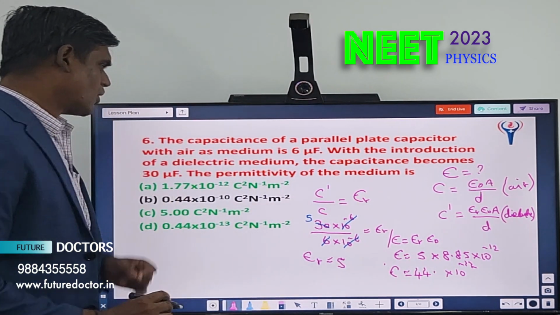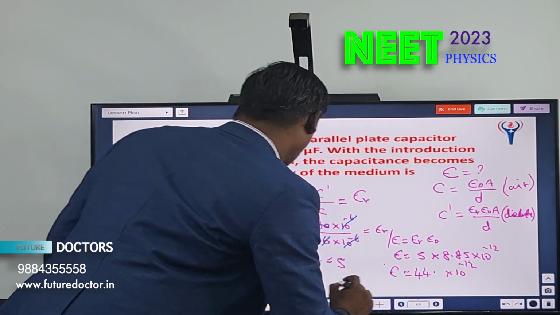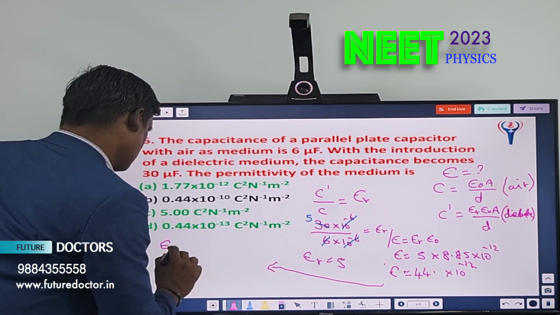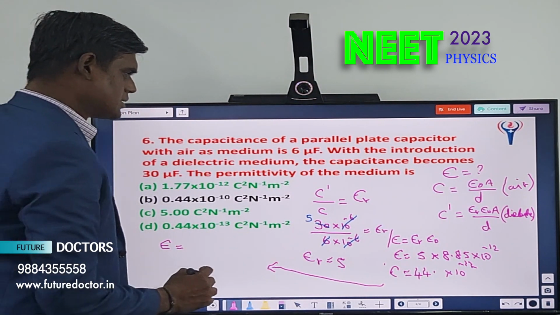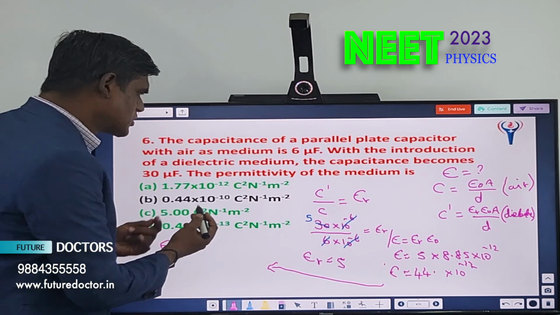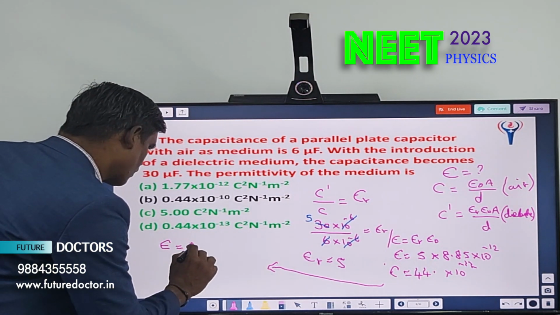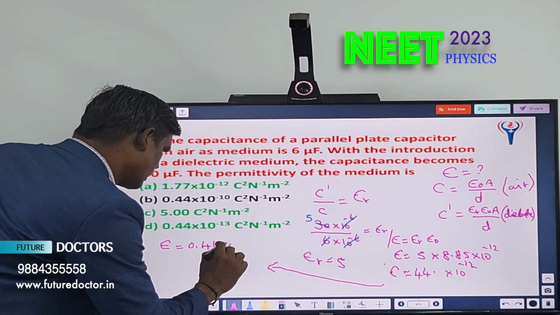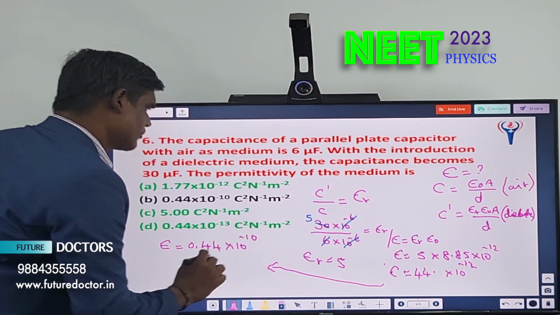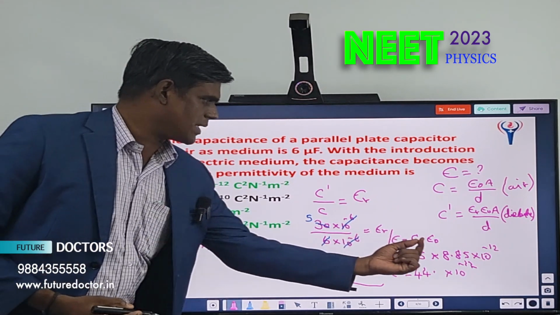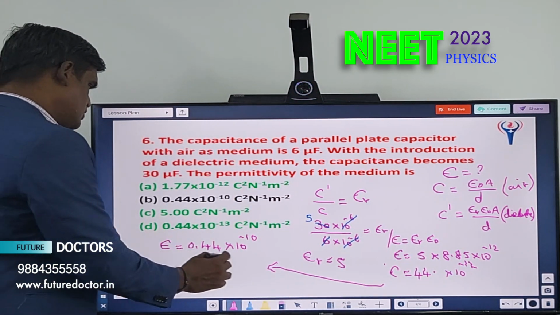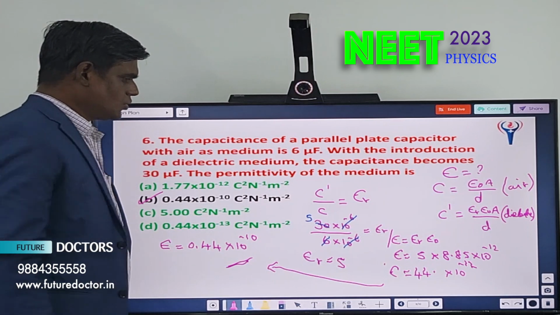But the answer is given in 10 power minus 10. Then epsilon equal to 44 point something into 10 power minus 12. That is minus 12 in terms of 10 power minus 10 means 0.44, 0.44 into 10 power minus 10. Because 10 power minus 12 is not matching in 10 power minus 10 only, so displace 2 decimal from here. Which option? Option D.